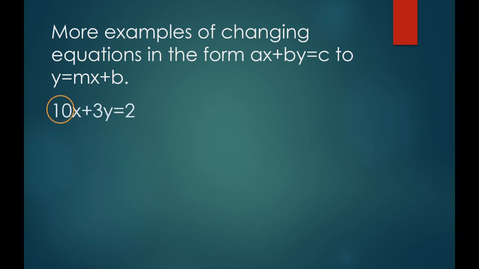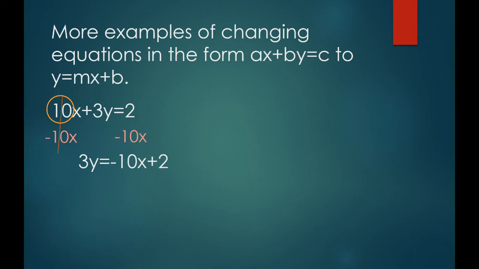Then here, kindly watch how the equation is transformed into y equals mx plus b. So again, tatanggalin natin si 10x, hindi lang si 10 ha. So let's add negative 10x to both sides of the equation. 10x plus negative 10x is 0.